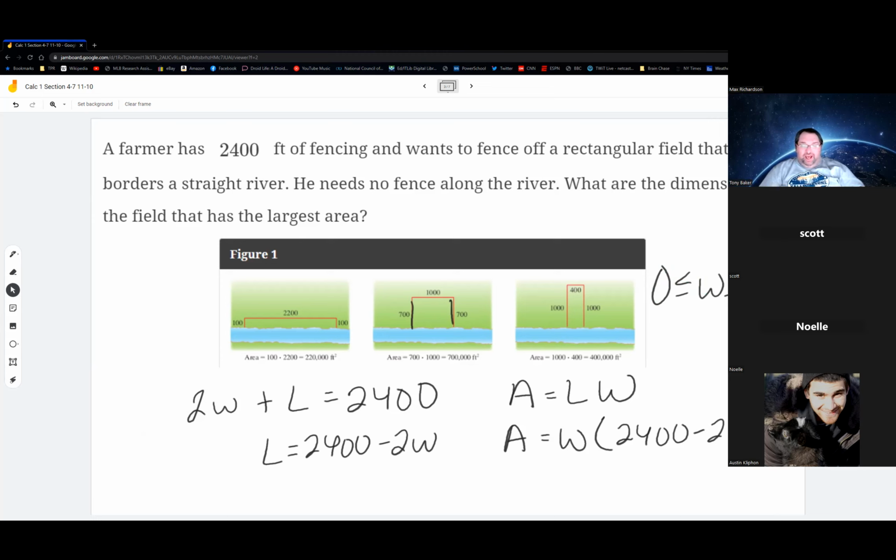And the biggest width I could have would be half of the fence, which is 1,200. Half of the actual fence, which was 2,400. So that's going to be my domain for this problem.